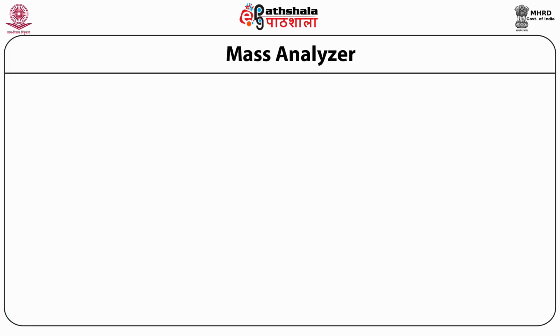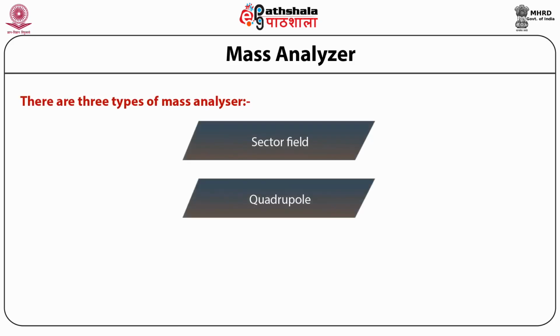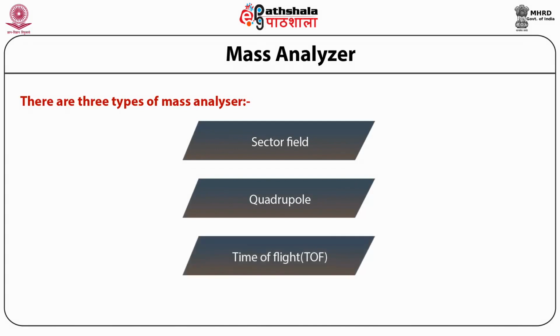Now the second important part of instrumentation, which is the mass analyzer. There are three types of mass analyzers. One is sector field, second is quadrupole, and third is time of flight. The function of the mass analyzer is to separate the ions according to their mass to charge ratio.